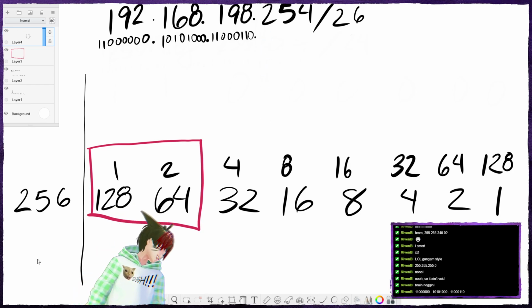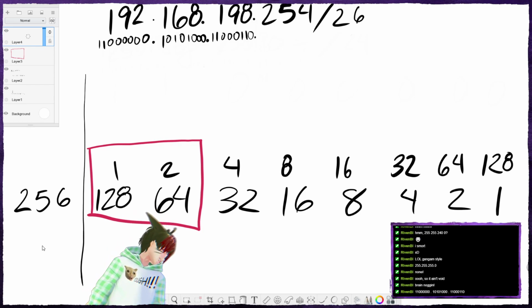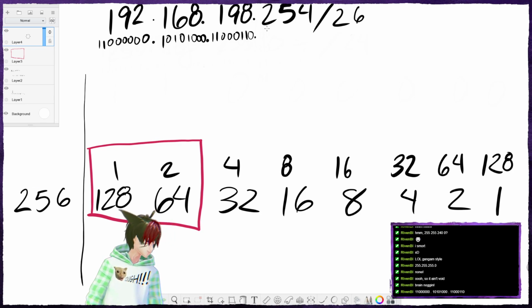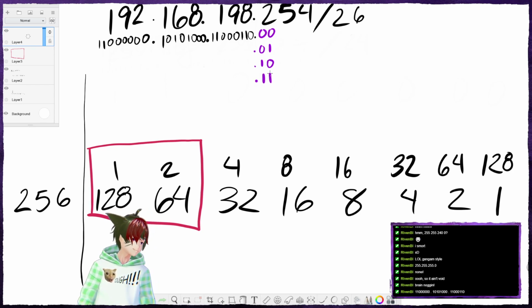So, once again, we have a potential network of .00, .01, .10 and .11.